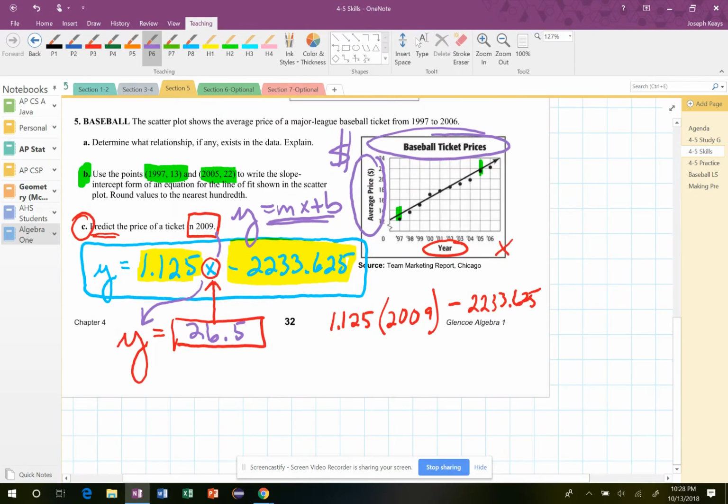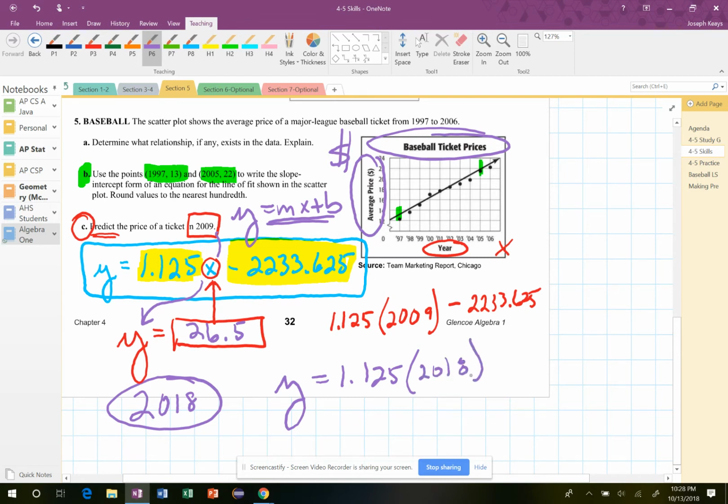So let's do something cool and make a prediction for 2018 using this line of best fit. This year is 2018, so how do I do that? Well, that's going to be y equals 1.125 times 2018. So we have to enter a particular x value, that's a year, and then we're going to get a particular prediction, which is the y value. So we minus 2233.625.